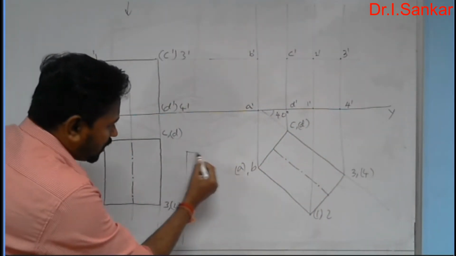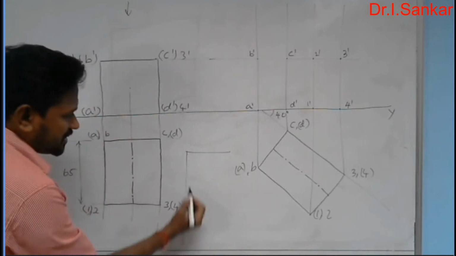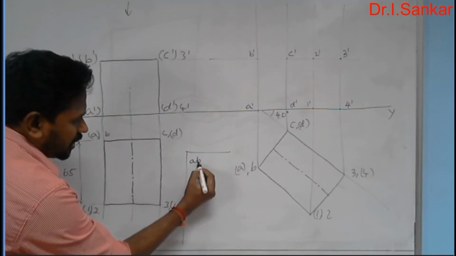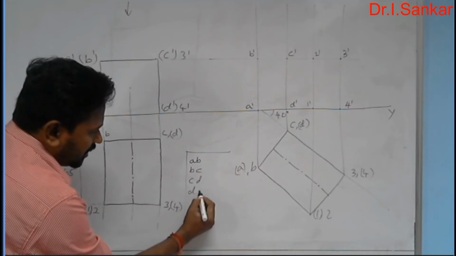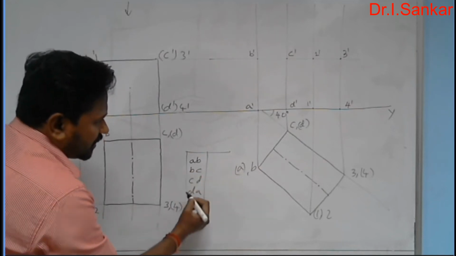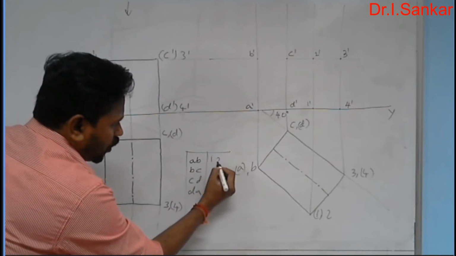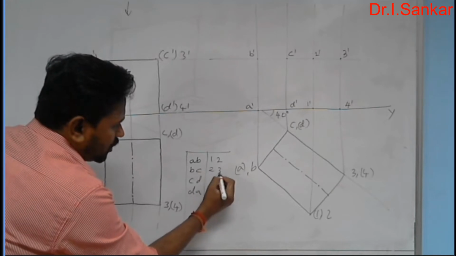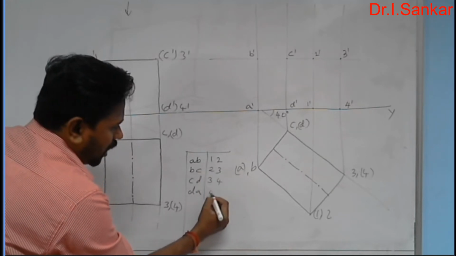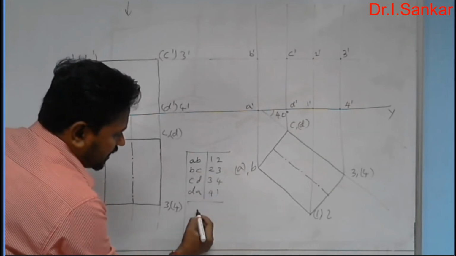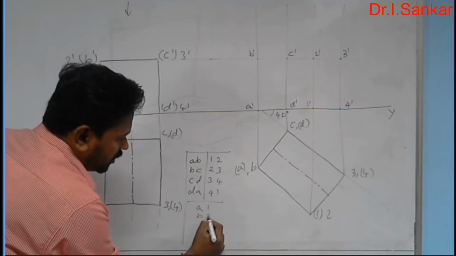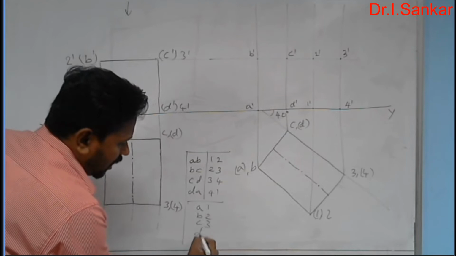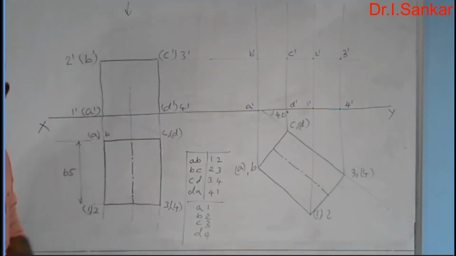Let me make the list. The base edges are AB, BC, CD and DA. The face edges are 1 2, 2 3, 3 4 and 4 1. And the side edges are A1, B2, C3 and D4. Totally 12 edges are there.